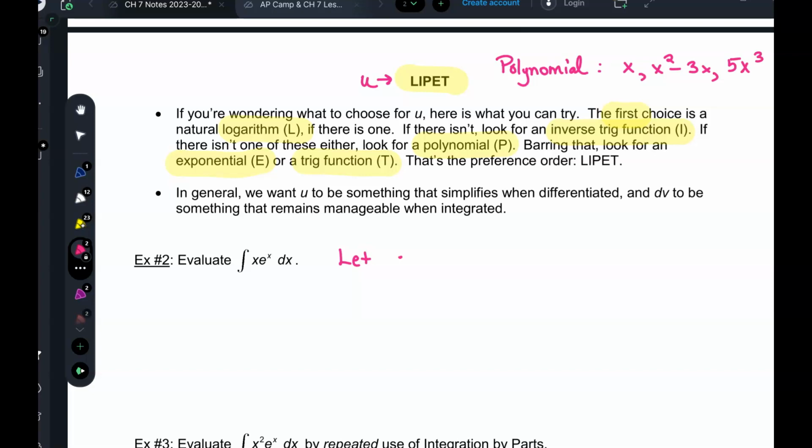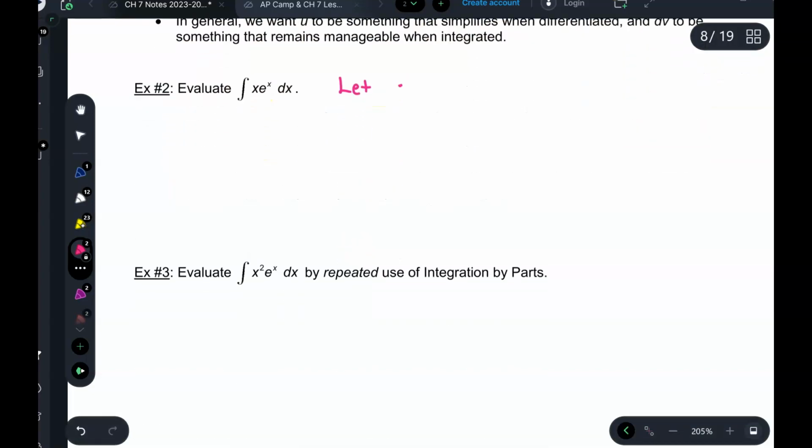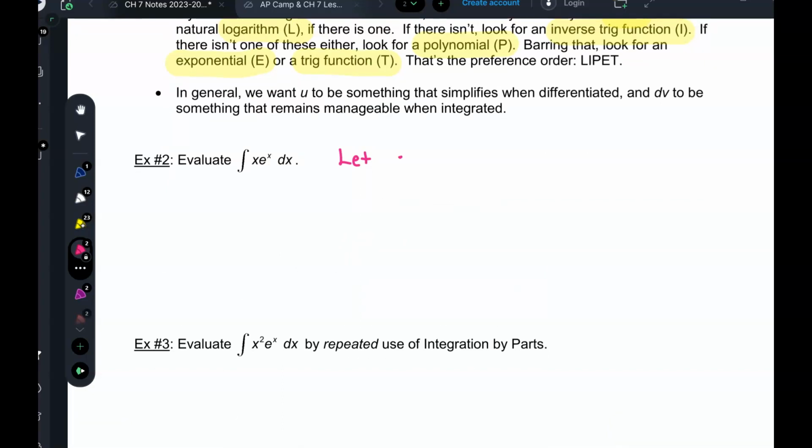It could be one single term, or it could be multiple terms. The polynomials that you'll have with these are not super complicated. They're usually going to be like x squared, x cubed. You're not going to have really complex polynomials that we have to work with. That would be kind of a nightmare to have to do.